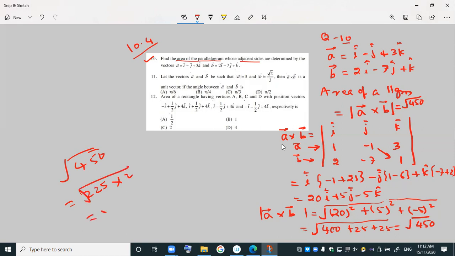The square root of 225 is 15, so 15 root 2 square units. So this will be 15 root 2 square units. Okay.